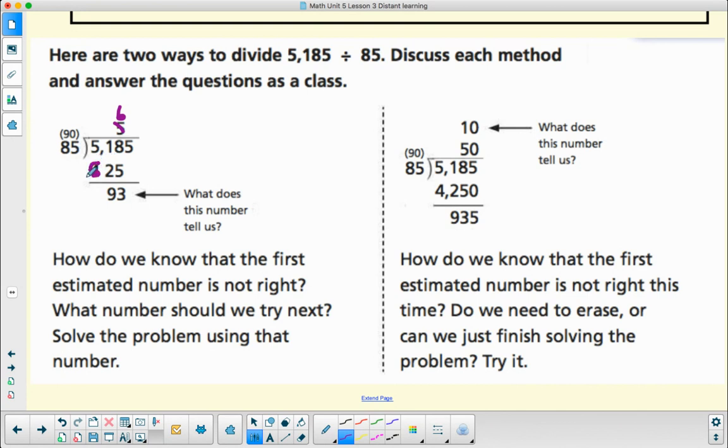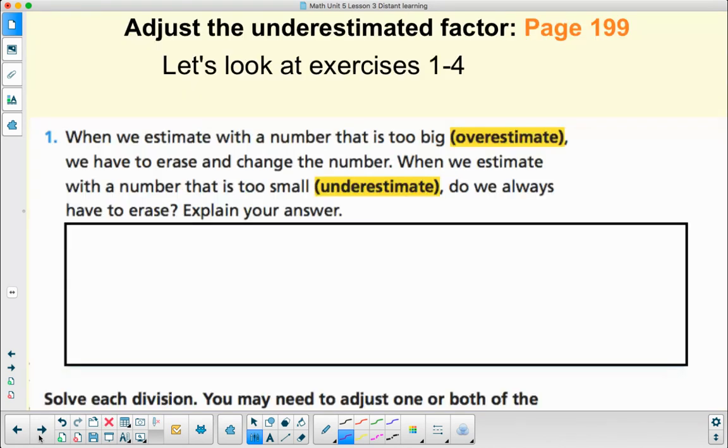So I would erase this, but obviously I cannot on here. And that gives me a remainder of 8. 8 is less than 85. I'm good. So I bring down my 5. 85 divided by 85 is 1, which is 85. And I have 0 remainder. So that is adjusting my quotient, because I cannot adjust my divisor, up 1 because of an underestimate.